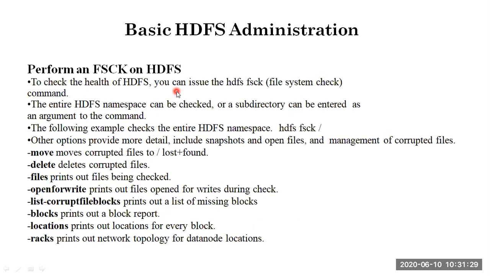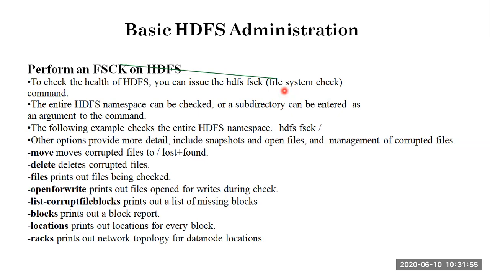And let's see how to perform FSCK. The meaning of FSCK is file system check, which checks the health of HDFS. So how is the condition of HDFS? It returns whether the status is healthy or not.